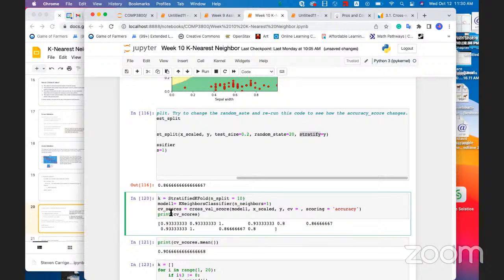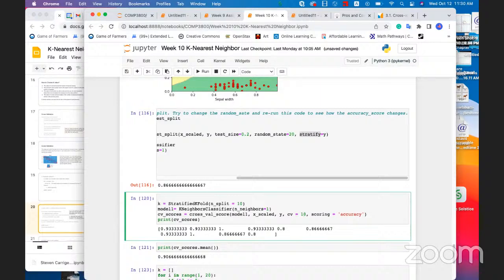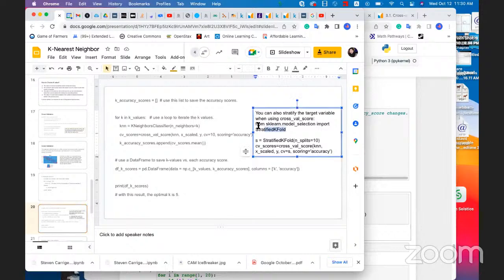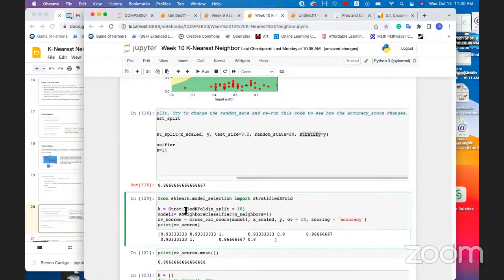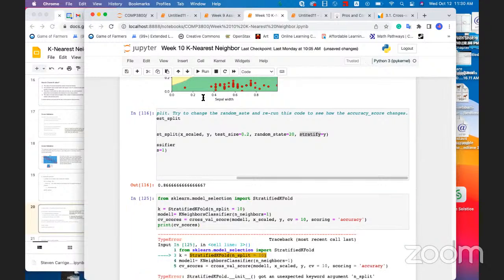And then you use this k to replace the number 10, and that will stratify the data set. So this method needs to be imported again. In this way, it will stratify.